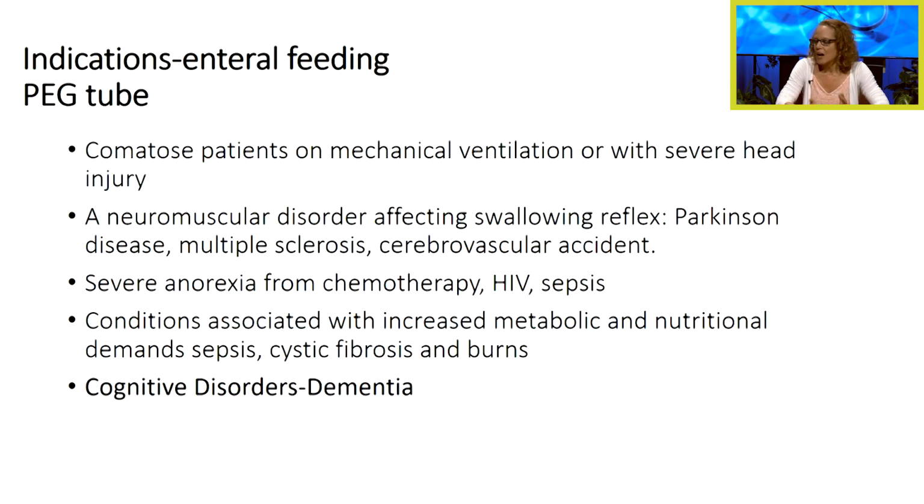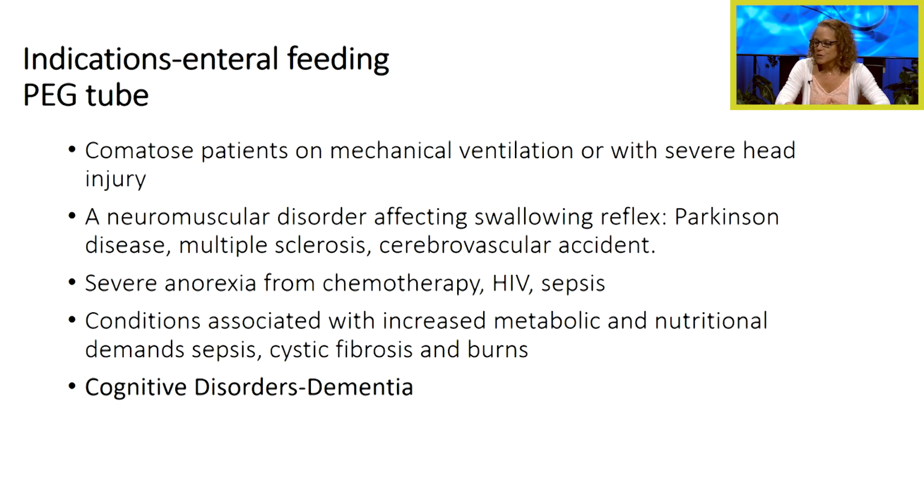This could be a comatose patient who's on a mechanical ventilator in the ICU, maybe with a severe head injury. This could be for patients with a neuromuscular disorder like Parkinson's disease or after a stroke where they need a PEG tube because they're not able to swallow. It could be used in severe anorexia from chemotherapy, HIV, or in sepsis.